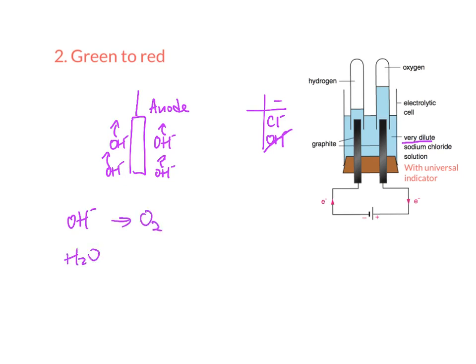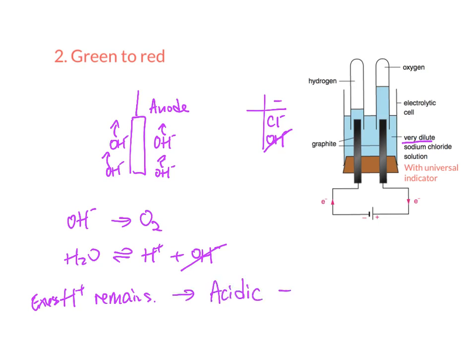Due to the water continuously ionizing while OH minus discharges, you have excess H plus remaining. That means it will become acidic. Therefore, the color will show red. So the color will change from green to red.